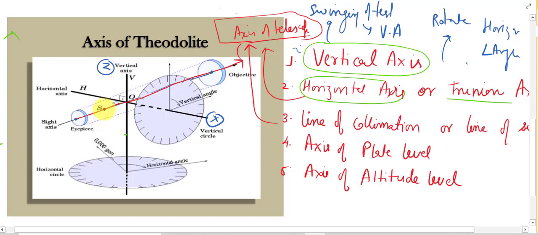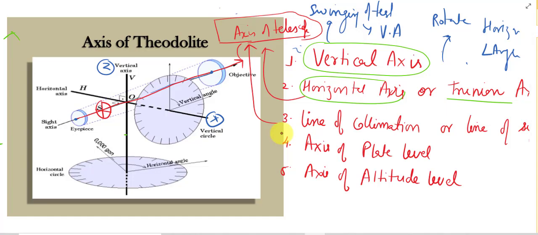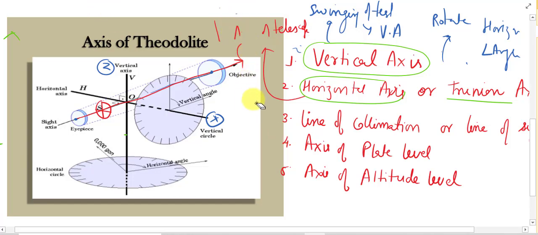Because the line of sight starts from your crosshair, and the axis of telescope starts from the center point of the eyepiece, these two lines will be parallel, or we can say coincide with each other. If this happens in your telescope, then we can use our telescope for any other device. So these are the 3 points we covered.